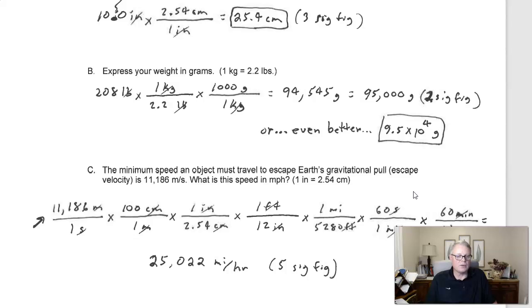But see, where the factor label system really shines is when the problems get hard. When they're easy problems, you can just move decimals, or you can do them in your head, and it's not so hard. But when the problems become more complicated, that's where this really helps. All right, but of course I'm not going to show you the hardest problem I can find first, because you got to crawl before you can walk, right?